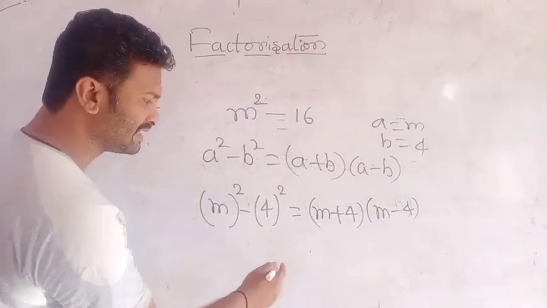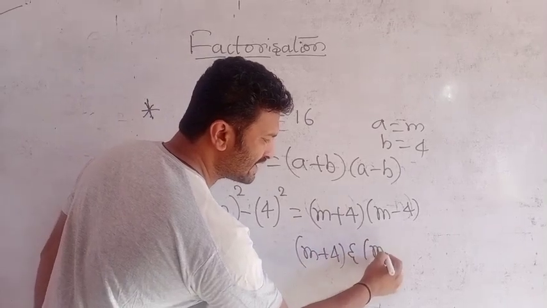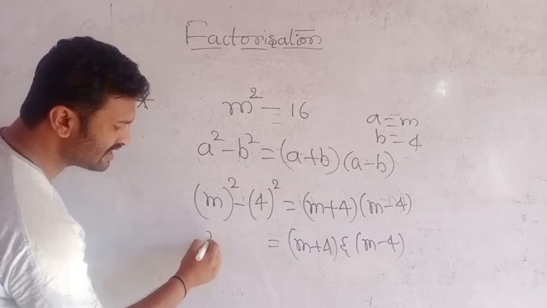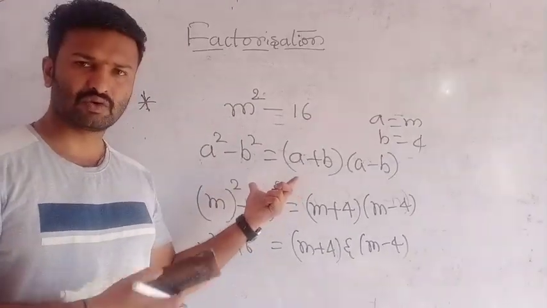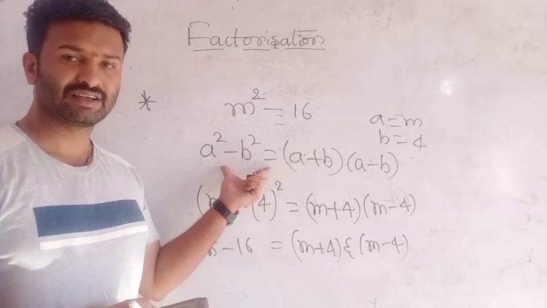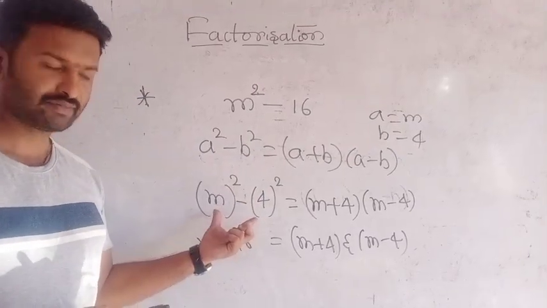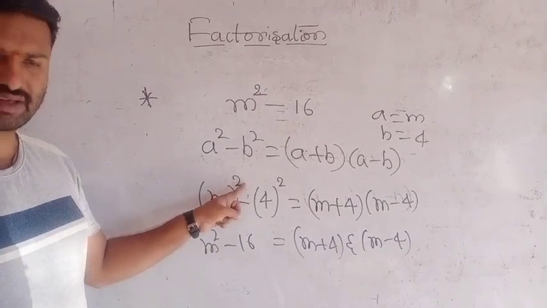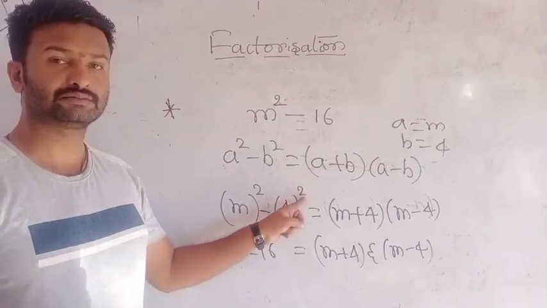The factors m plus 4 and m minus 4 are the factors of m square minus 16. We just have to use the identity. We have to write it in the form a square minus b square. m square can be written as m whole square, minus this 16 can be written as 4 whole square.